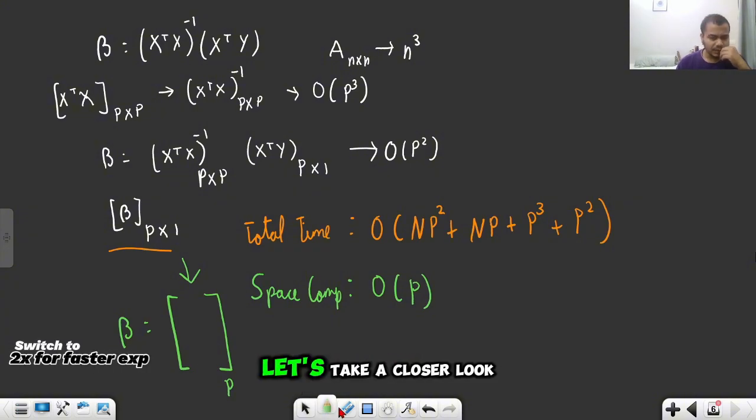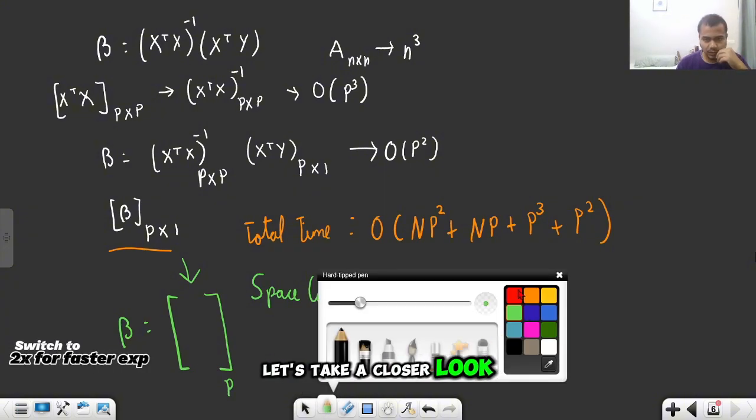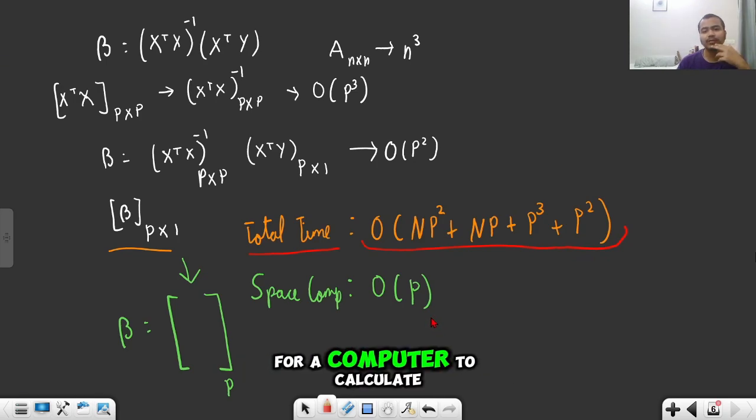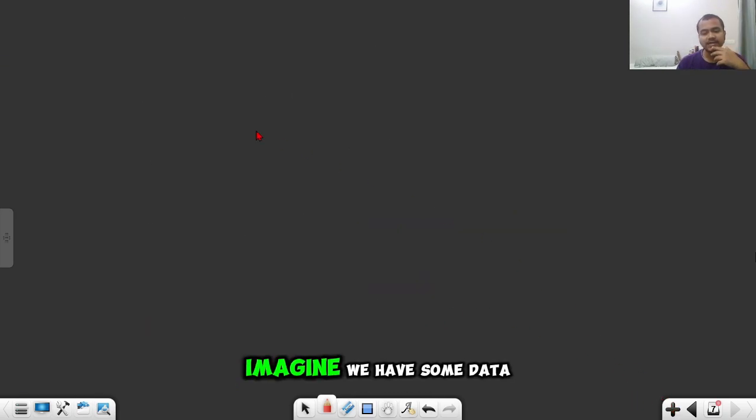But now let's take a closer look at this time complexity. This is a hell of a lot of time for a computer to calculate. Imagine we have data points in the order of millions or billions.